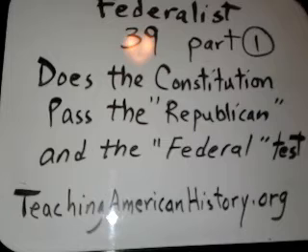The last paper, having concluded the observations which were meant to introduce a candid survey of the plan of government reported by the convention. So every time you hear the plan of government reported by the convention, they're talking about this new Constitution. We now proceed to the execution of that part of our undertaking.